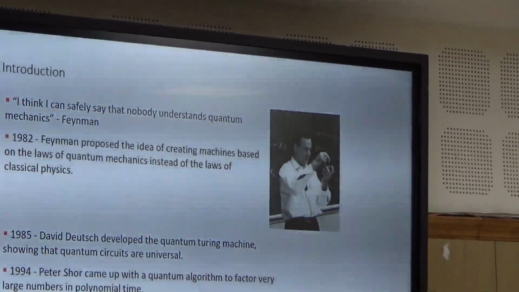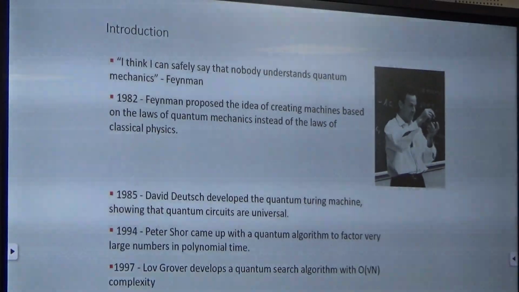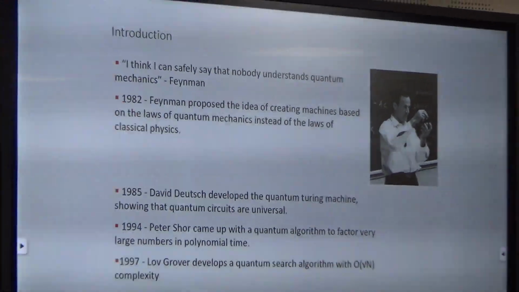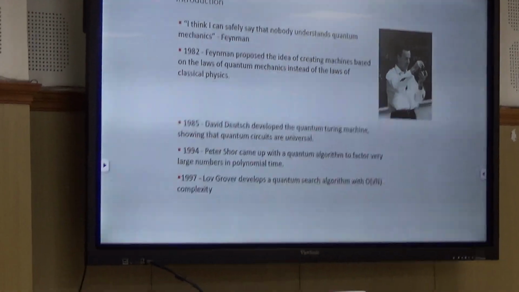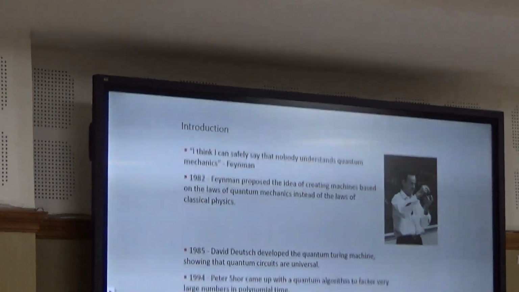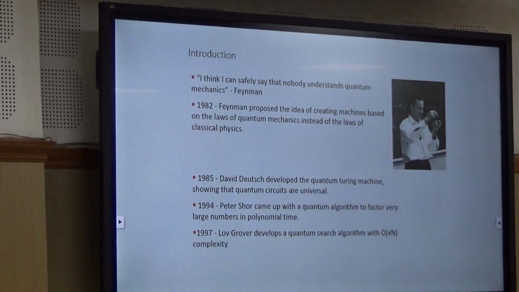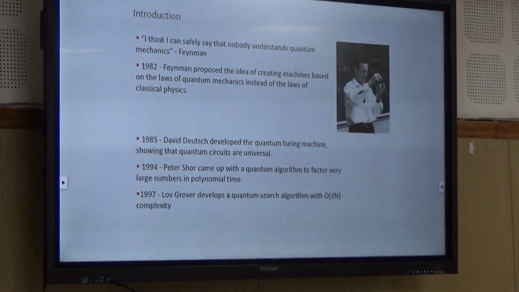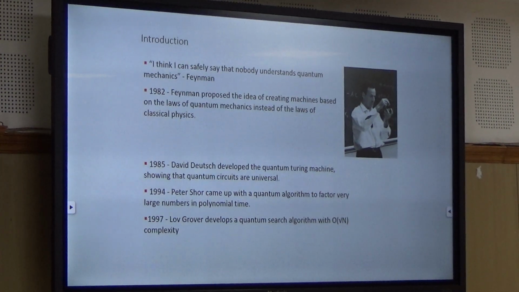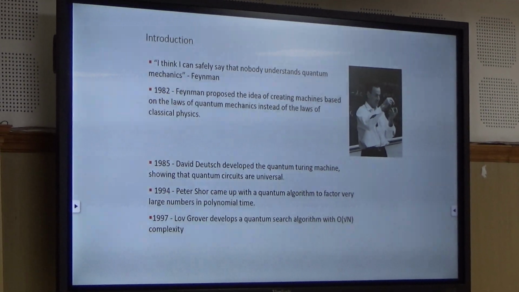Then in 1985, David Deutsch developed a quantum Turing machine, which shows the universal quantum circuits. So in 1982 the idea was floated, and Feynman confirmed that this type of computer can be designed. In 1985, Deutsch developed the quantum Turing machine.